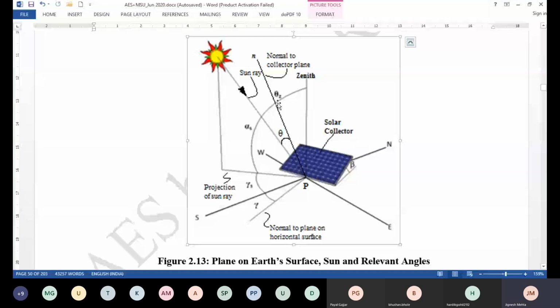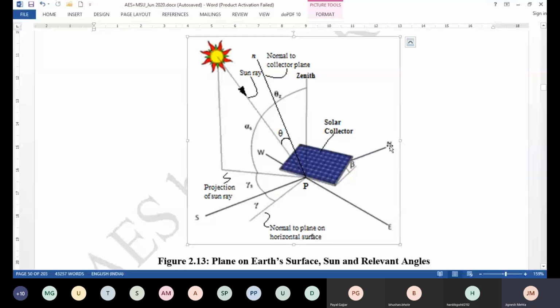This normal to the collector, if you draw its projection on the horizontal plane, it is this line, right? So this line, as it is written here, is the normal to the plane on the horizontal surface. So it's nothing but the projection of this normal on the horizontal plane. Now, as you can see, this line is making some angle with the north-south line.